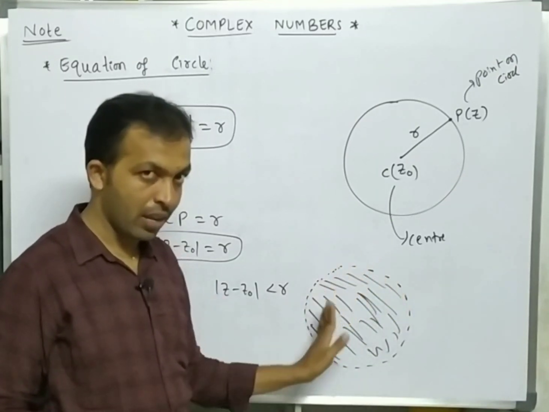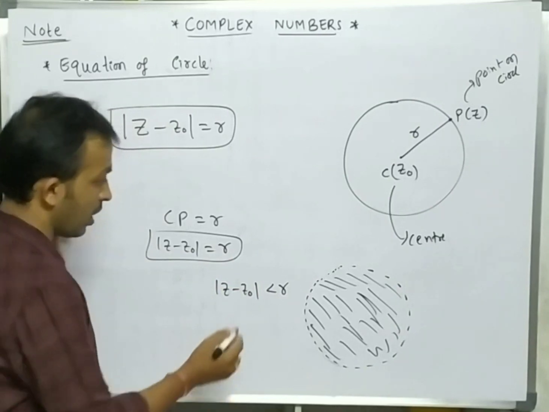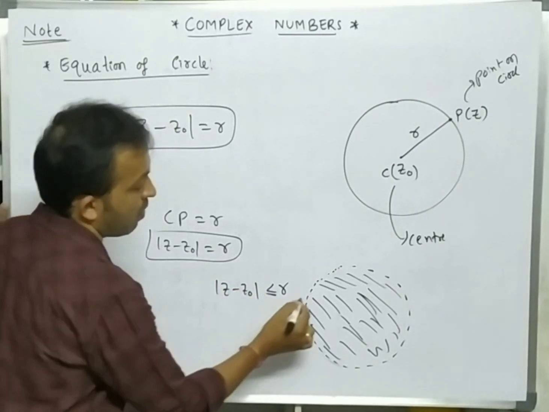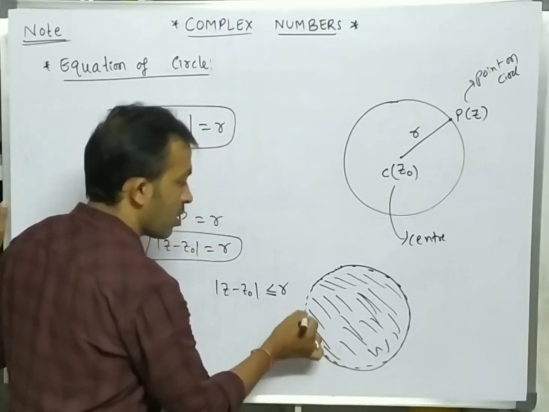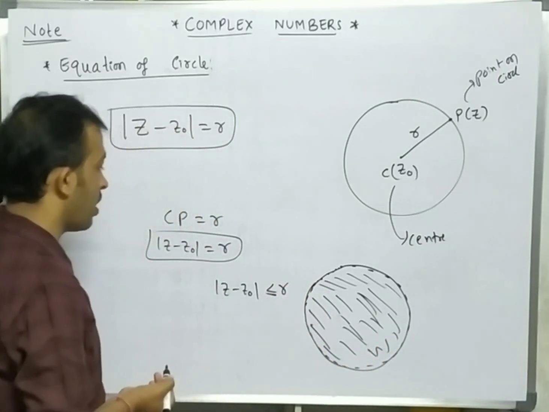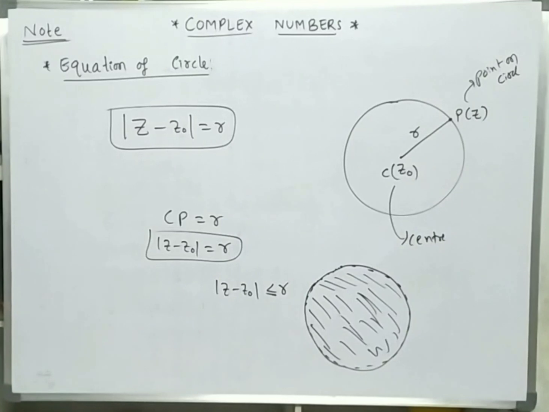This is the area, right? Next, less than or equal to means the boundary is also considered. Like that we can understand the equations geometrically.